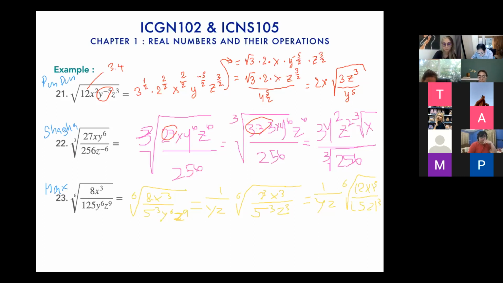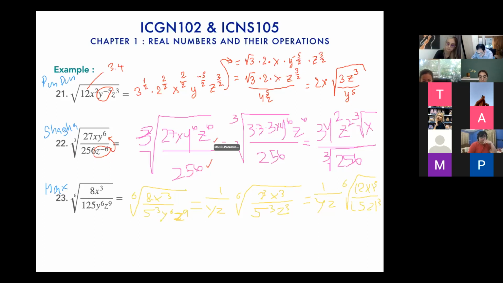Now let's see. What Shasha did for us is that she tried to simplify this term. Shasha, what is this term? Can you tell me, y to the power of 6, right? Yes, okay. Y to the power of 6, and then she put the negative exponent up here to be z to the power of 6 divided by 256.